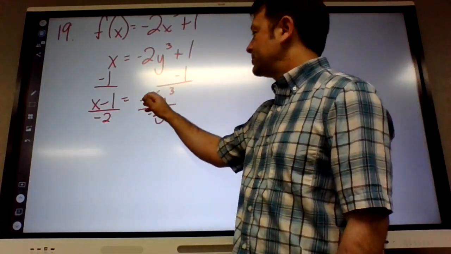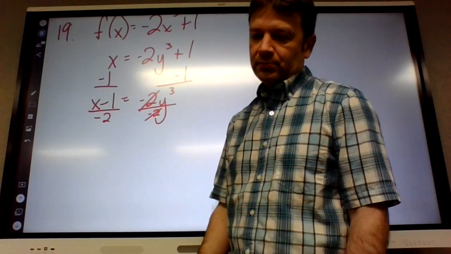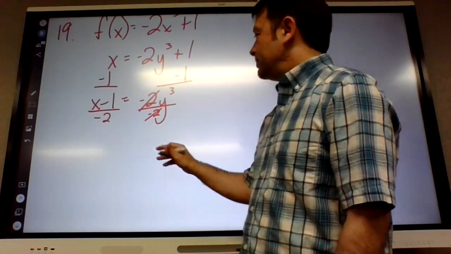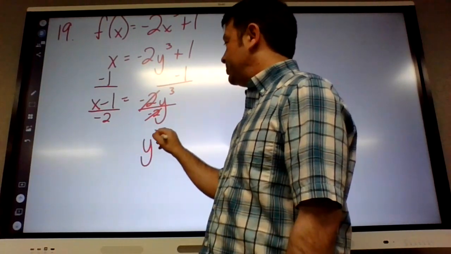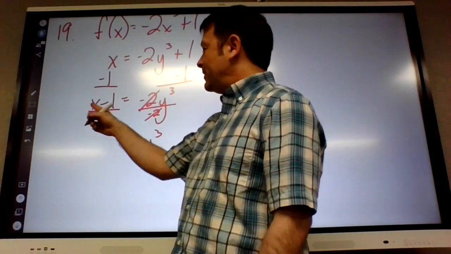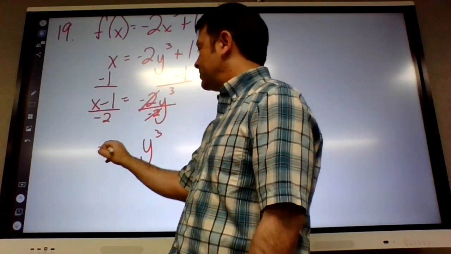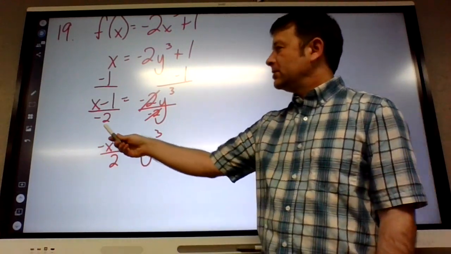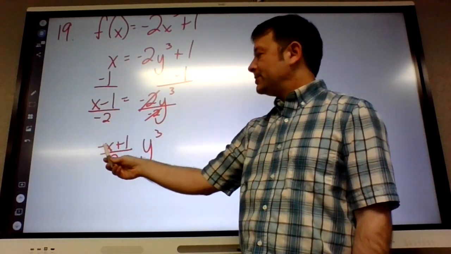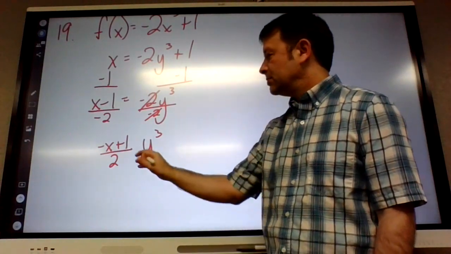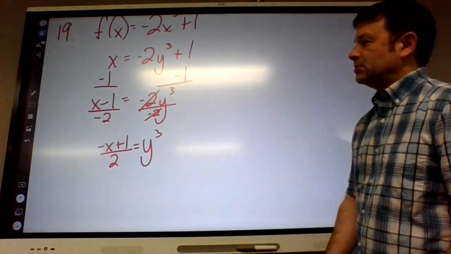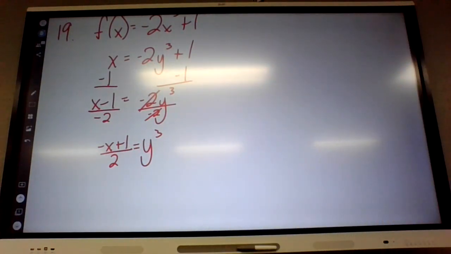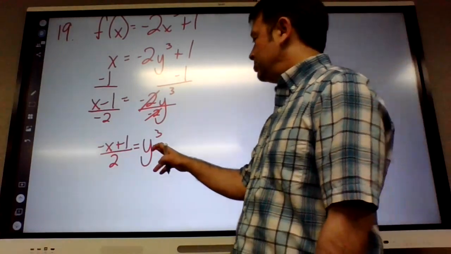It's kind of a mess. Alright, so I got y cubed equals this stuff. If you divide the negative, I'm going to go ahead and put that on top. So that becomes negative, that becomes positive. Alright, how do I get rid of the cube? Cube root.